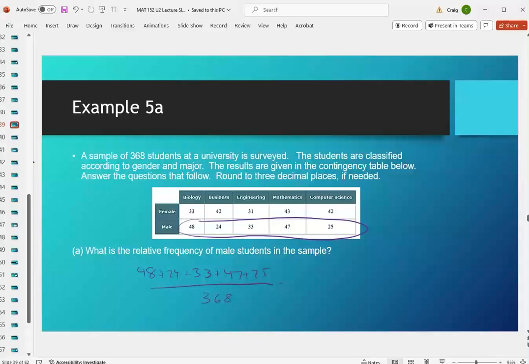Give me 1 second to add these things up. 177 over 368. And then when we divide, 0.481. So this is the relative frequency of males in the sample. What that just means is the number of males divided by the total.